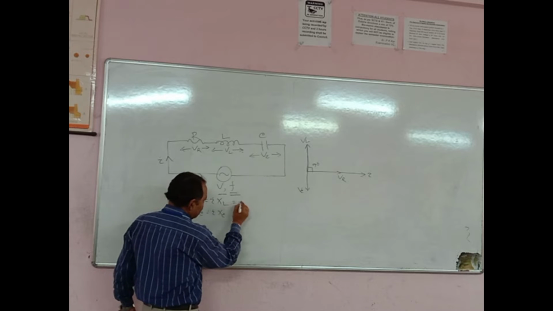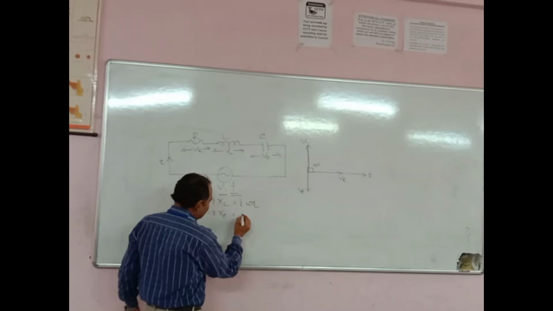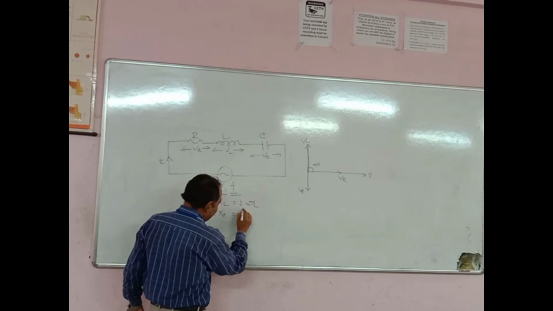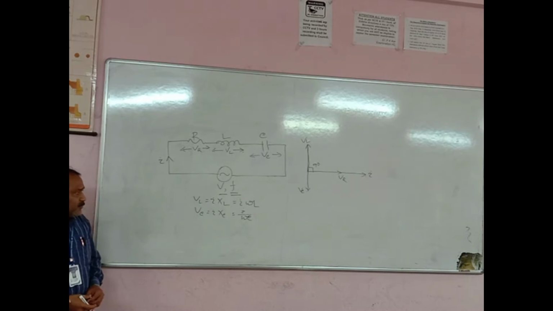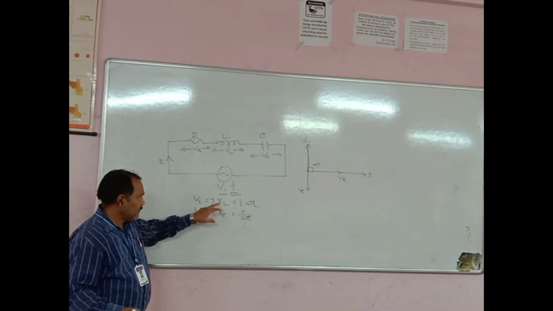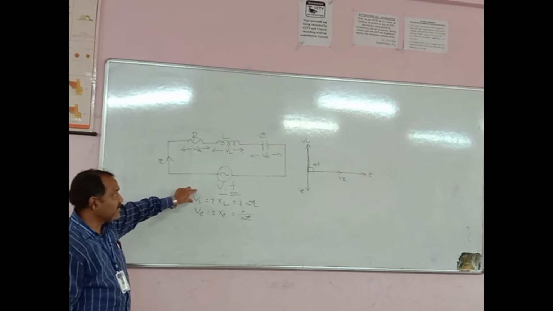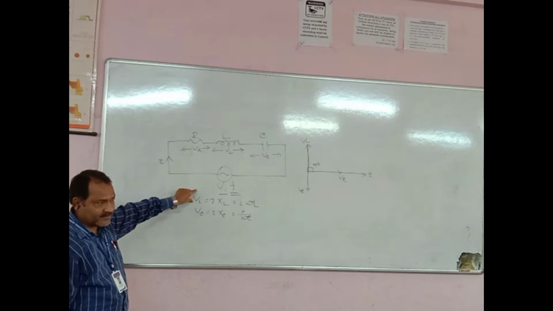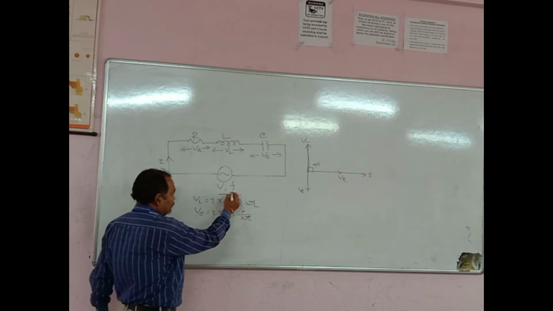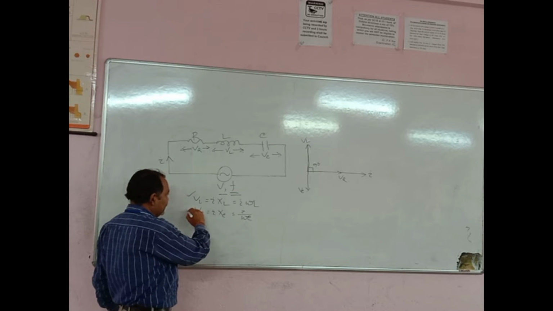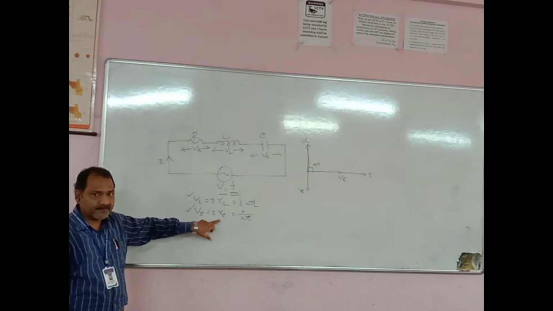And again, XL is equal to omega L and XC is equal to 1 by omega C. So XL and XC decide the magnitude of the voltage across the inductance and capacitance. If we change the frequency, VL and VC will change, because XL and XC will change.